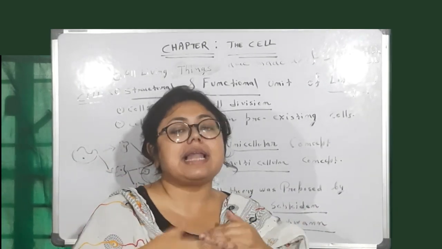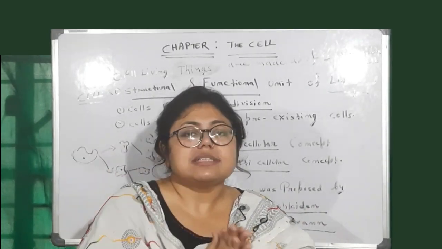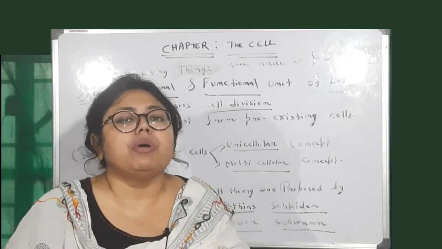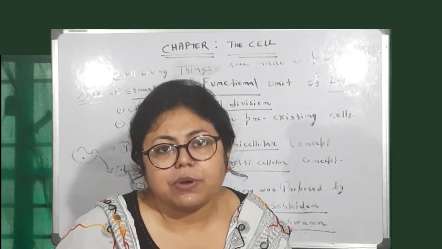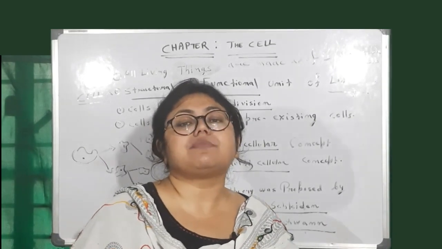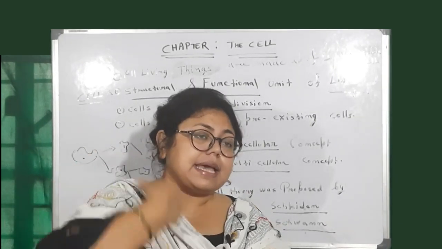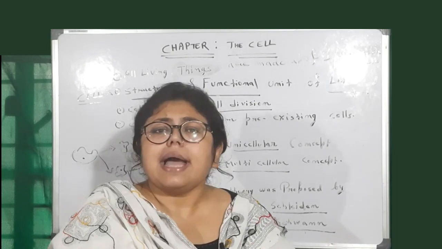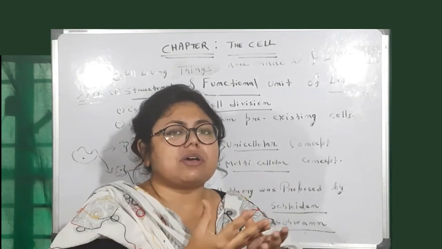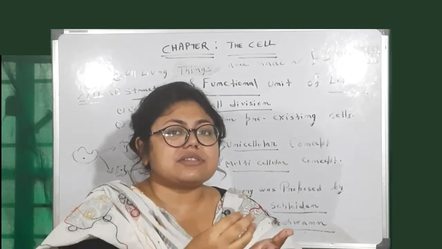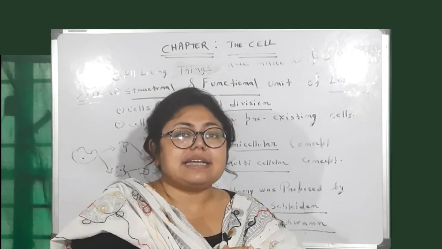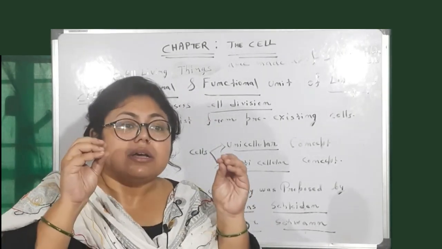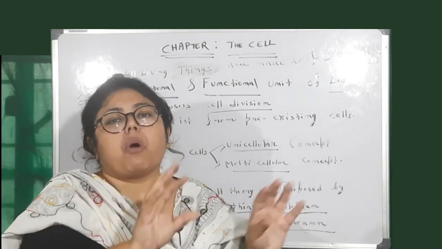Suppose we talk of a human body; obviously we know that we are multicellular. What does the multicellular concept do? See, our eyes have different types of cells which have similar structure, perform similar action, and help us to do a particular work.